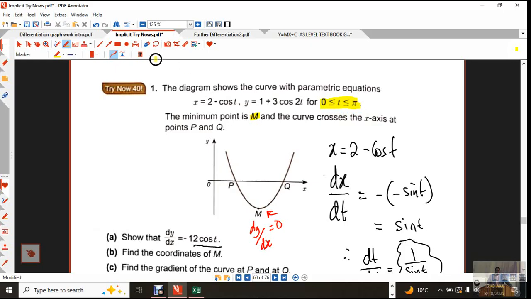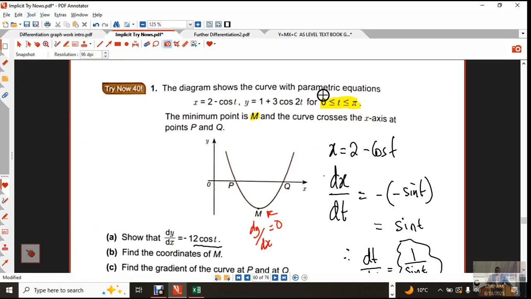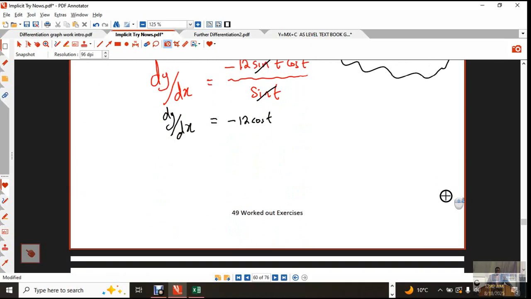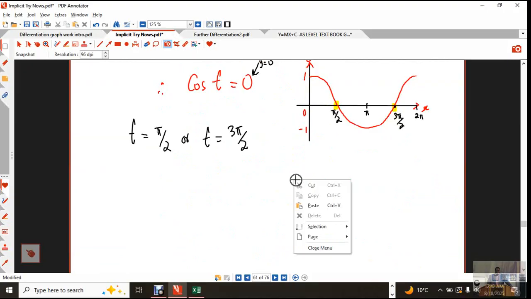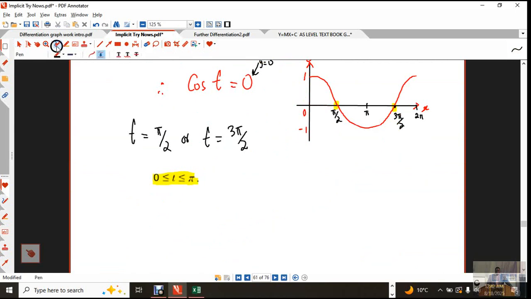Okay, and because of that fact, we need to be able to disregard one of those things. So when we are looking at this, they're saying t is that. So that would imply that t is only going to be pi over 2. That is what we're going to look at.